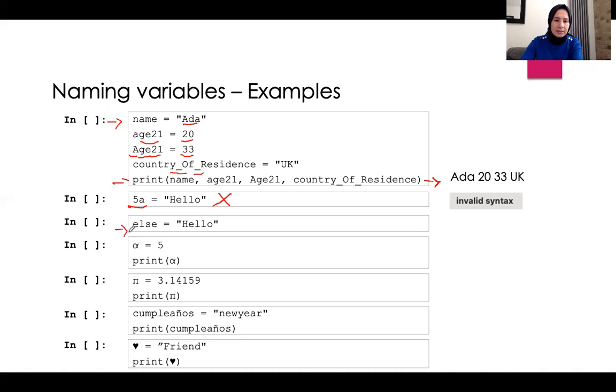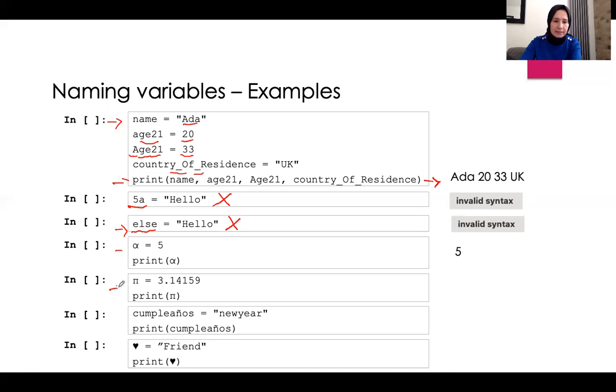We have another example, else equals hello. This will not work because else is a Python reserved word, and it can't be used as a variable name. And we have another one here, alpha equals 5. When we print alpha, this will work fine, guys, and it will print 5 for us.